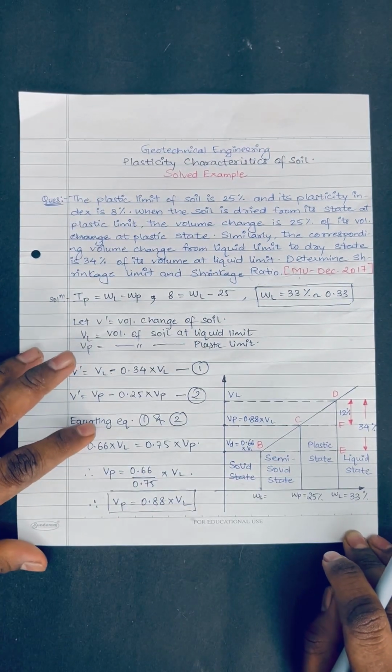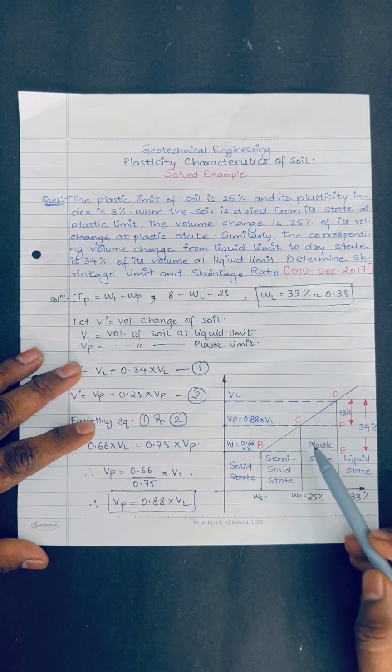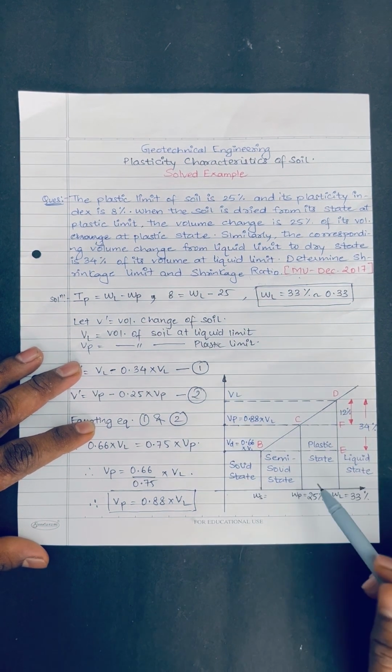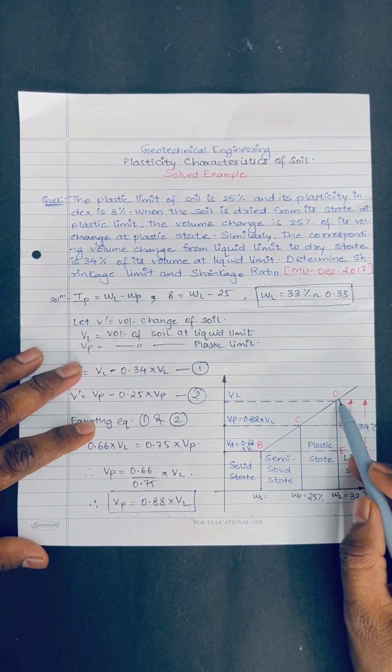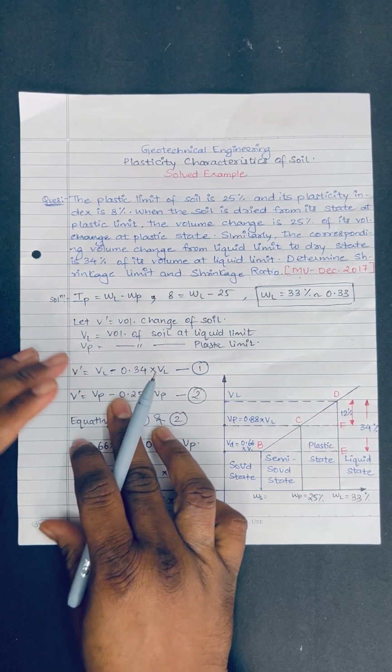Now the next step is, I'll use the property of similar triangles, and in triangles CFD and BED, I can say BE upon DE is equal to FC upon FD.